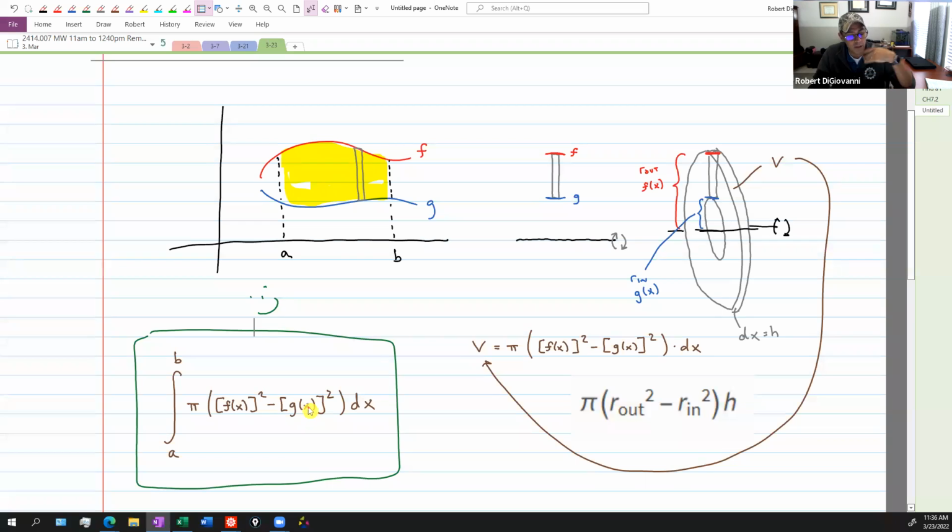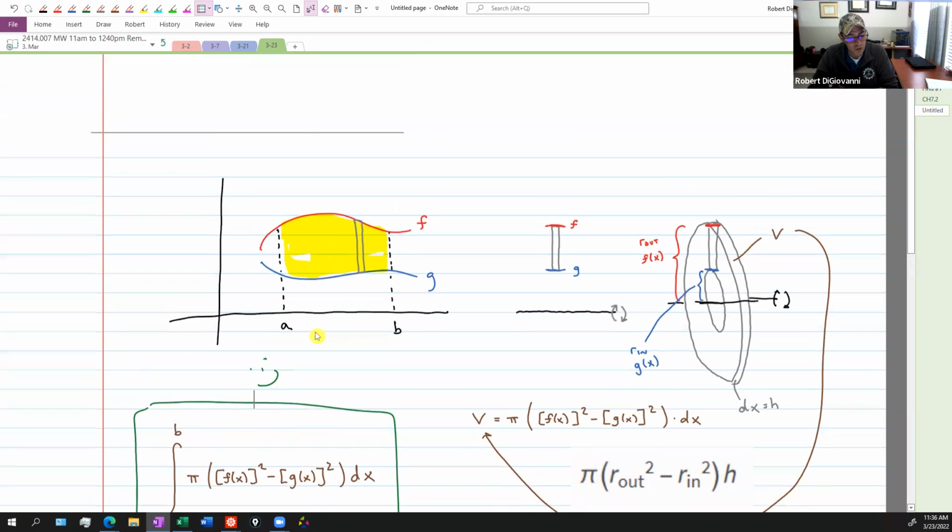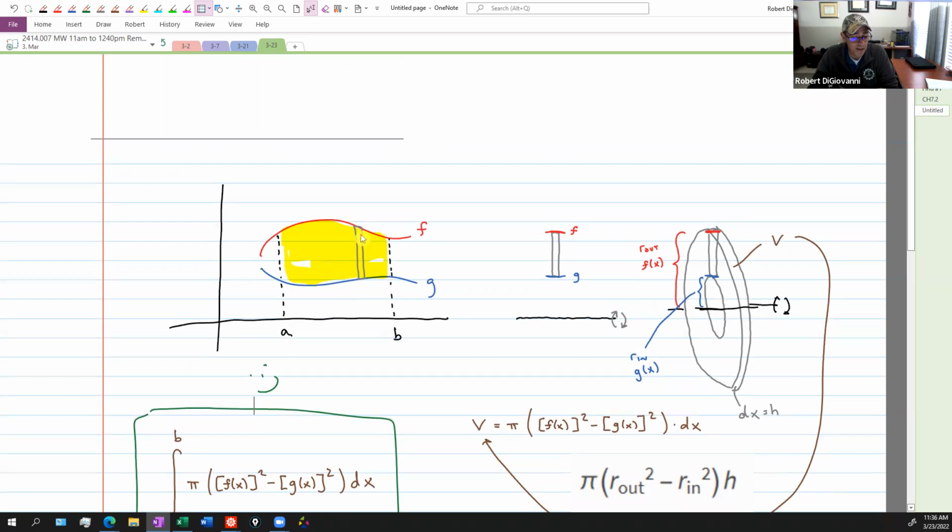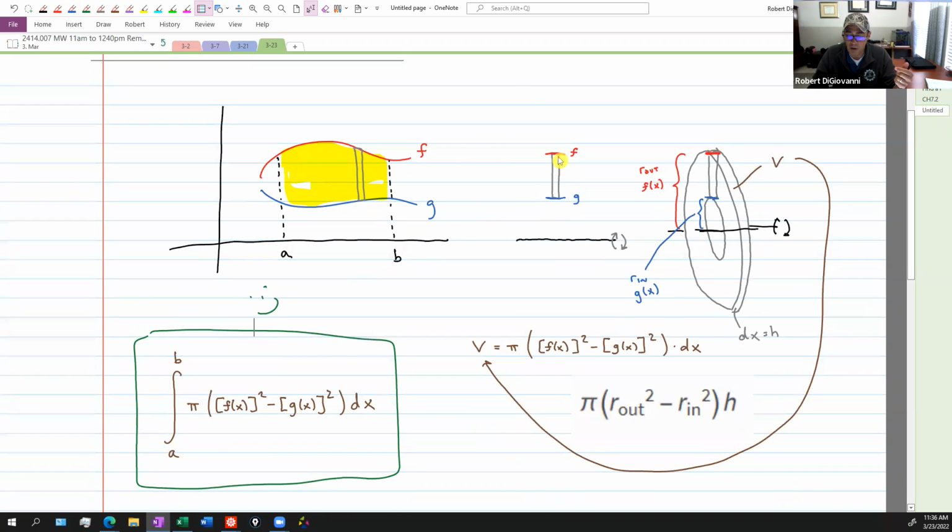So let me go through this again verbally. We're trying to take this region bounded by f and g on this interval a to b, and rotate it around the x-axis. So what we do is we draw the rectangle, we find the upper bound of the rectangle and the lower bound of the rectangle, and we draw our axis of rotation.